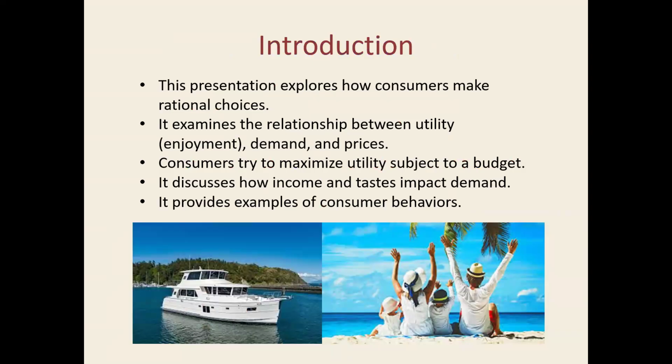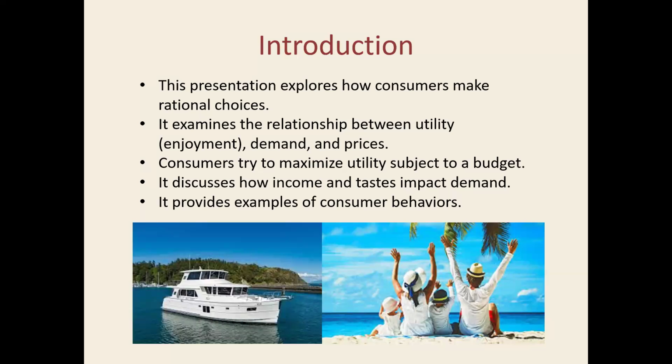We're going to do the following in this lesson. We're going to explore how consumers make rational choices. When economists use the term rational, what they mean is that the individual is considering both the cost and benefits of their action. We're also going to examine the relationship between utility, which is the word economists use for enjoyment, demand, and prices.